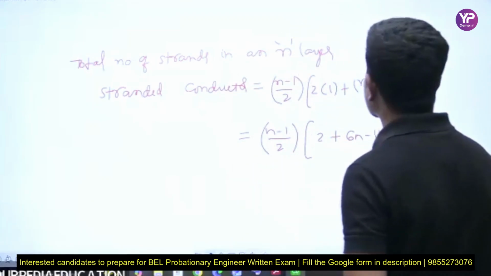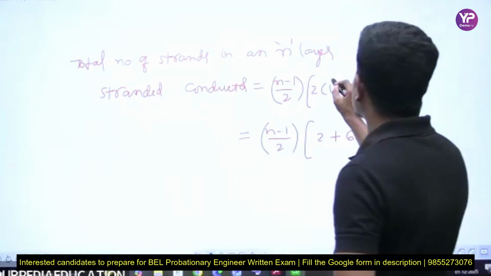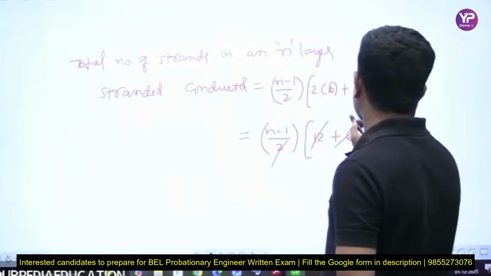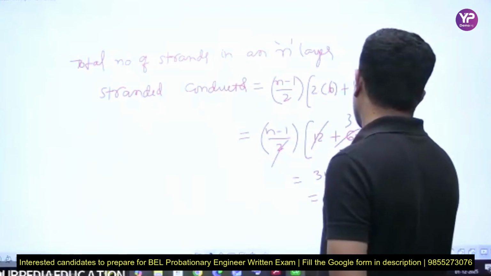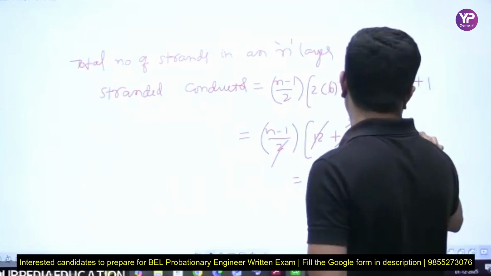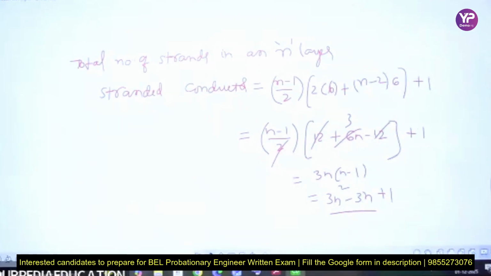A is 6, this is 6, this is 12. Okay, 12 gone. This is 3n into n minus 1. If you want, 3n square minus 3n plus 1, you have to add plus 1. Okay, this is the formula, 3n square minus 3n plus 1.